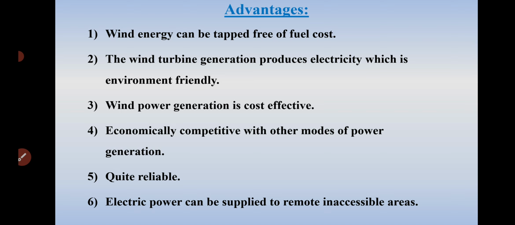And that type of land, that type of area, we can always see in remote areas. So if in a remote area we set up a wind energy farm, obviously it serves the purpose of the electrical energy need of that particular area.